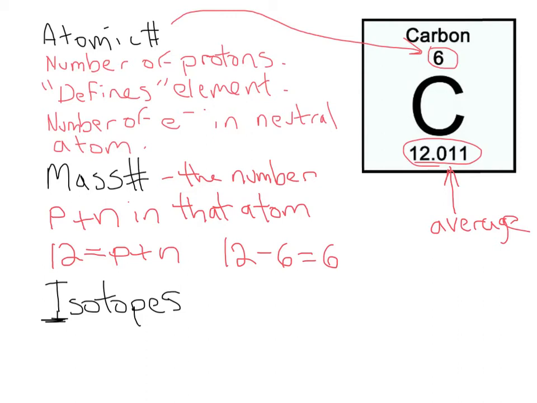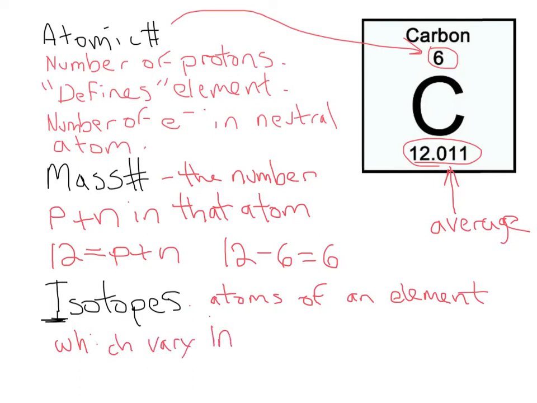So a word that I mentioned a few seconds ago was the word isotope. Notice the atomic mass of carbon is 12.011. An isotope is any element that has the same number of protons in the nucleus, but a different number of neutrons. So in the case of carbon, you have carbon 12, which has 12 total nucleons, and then you have carbon 13, which has 13 total nucleons.